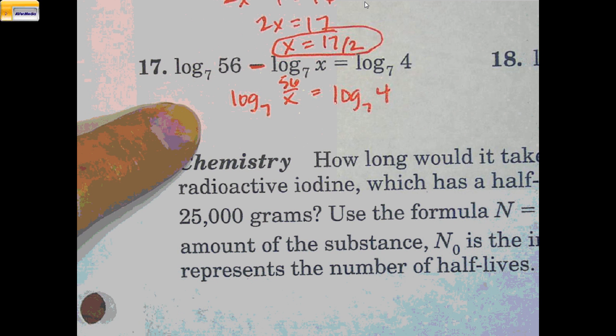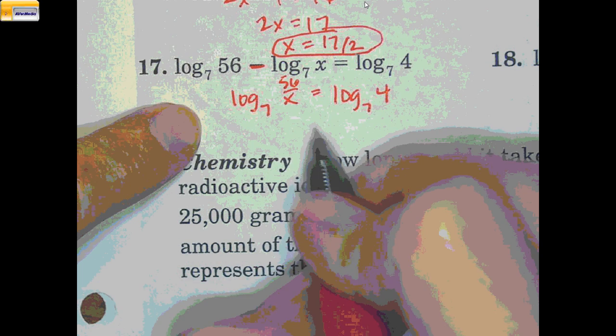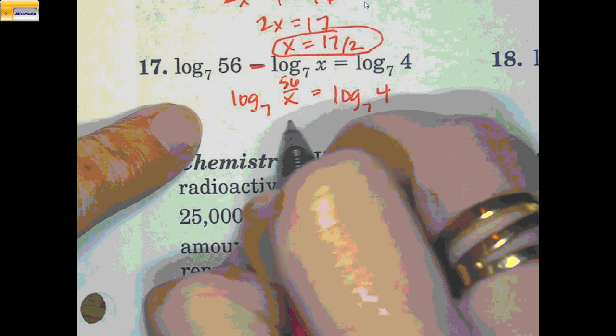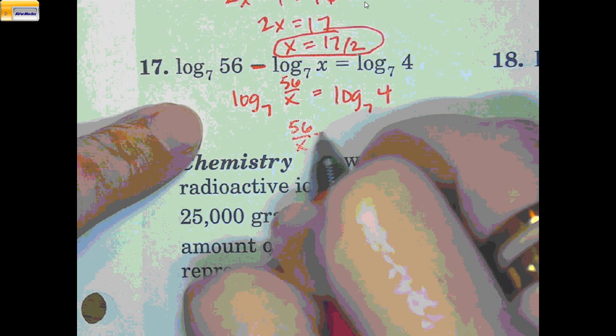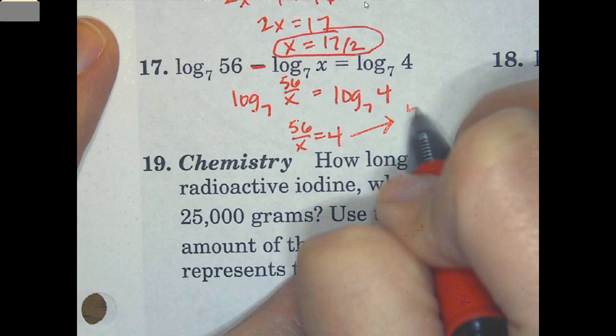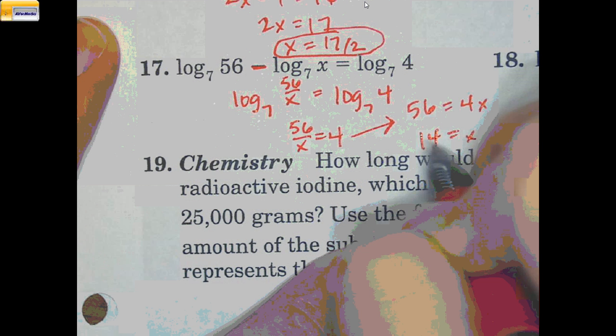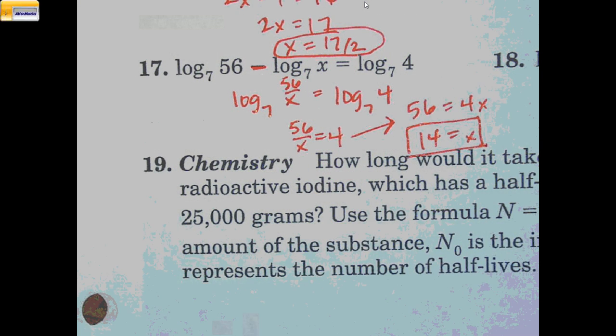Because it's minus, the first one goes on top. So we have 56 over x equals 4. Multiply both sides by x. Divide and you get 14. Questions on 17? Is everybody okay?